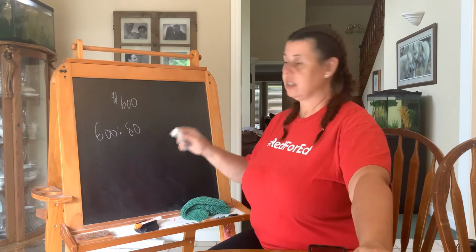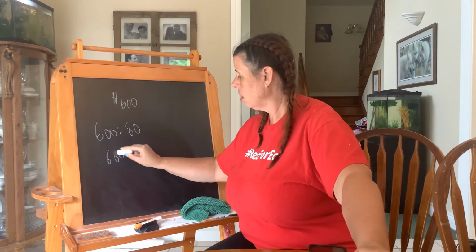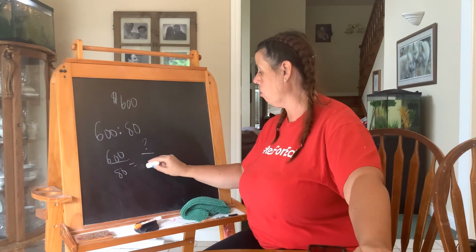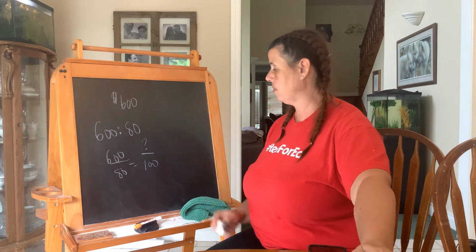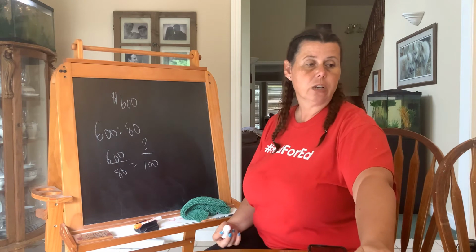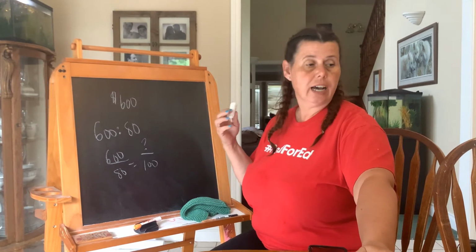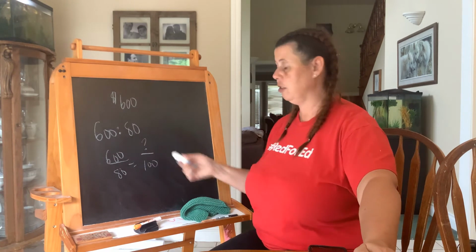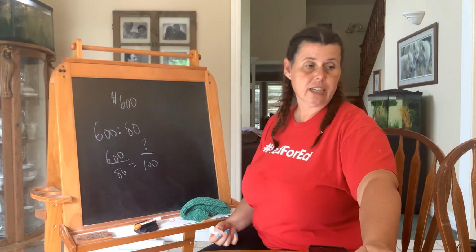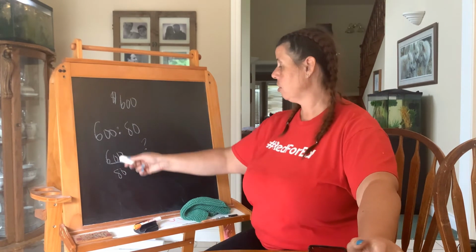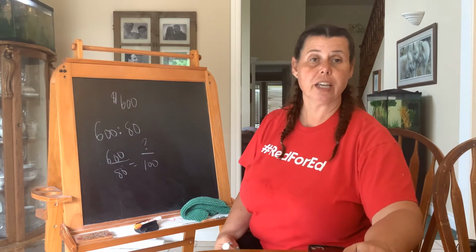So 600 over 80 equals something, we don't know what, over 100, right? So how can we get to 100?